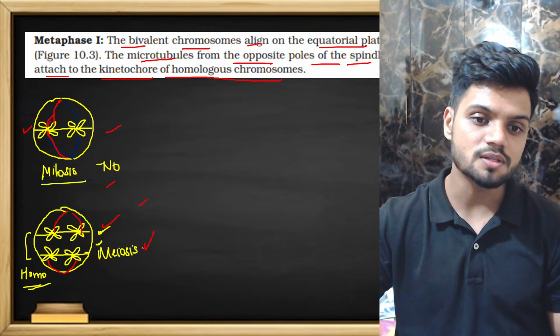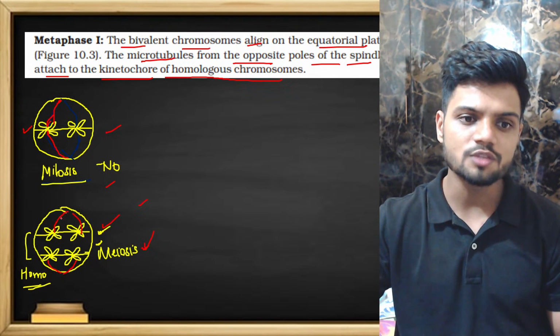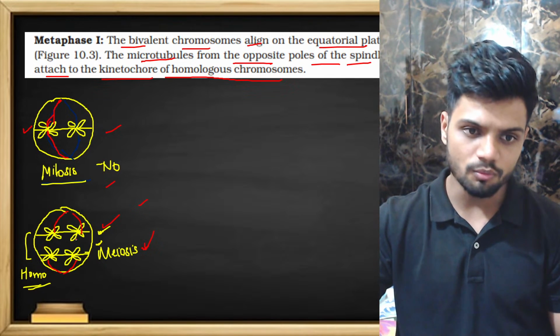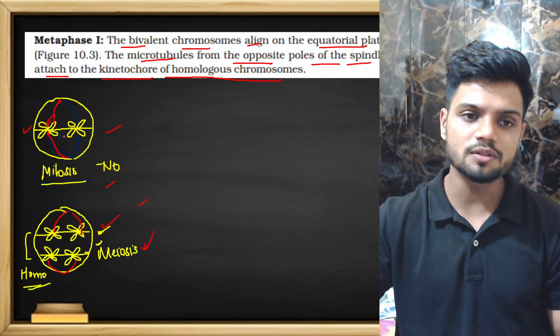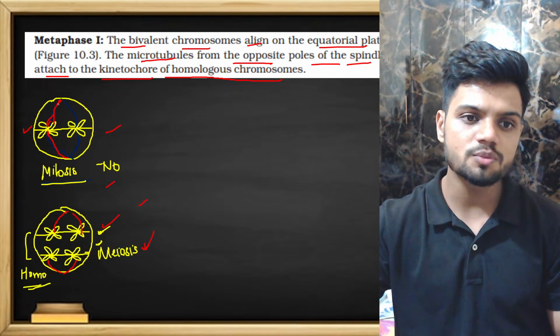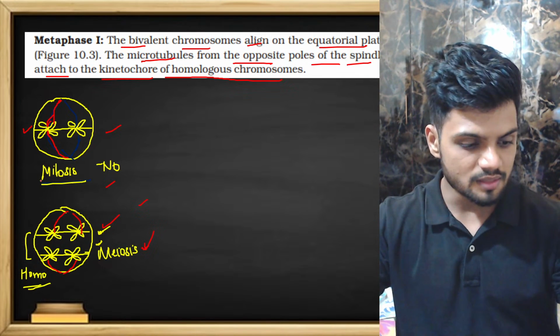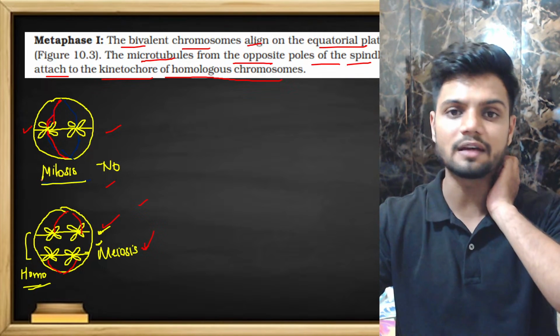But in the case of meiosis, one chromosome has only one spindle fiber attached. In mitosis, one chromosome has two spindle fibers attaching. Is that point clear to all of you? The difference between mitosis and meiosis with respect to metaphase?